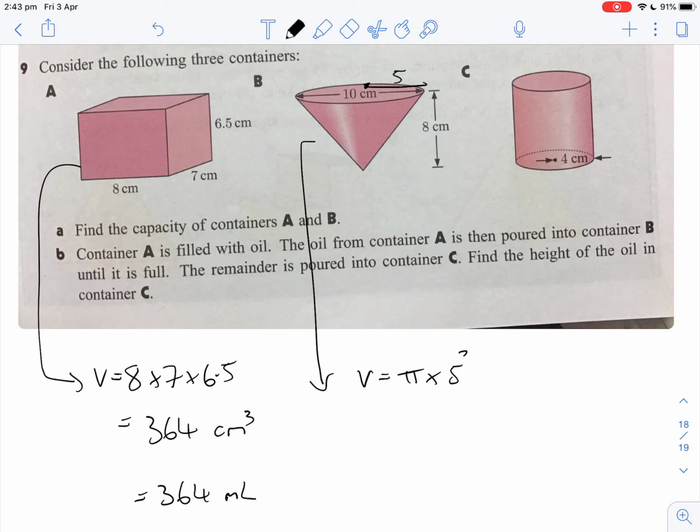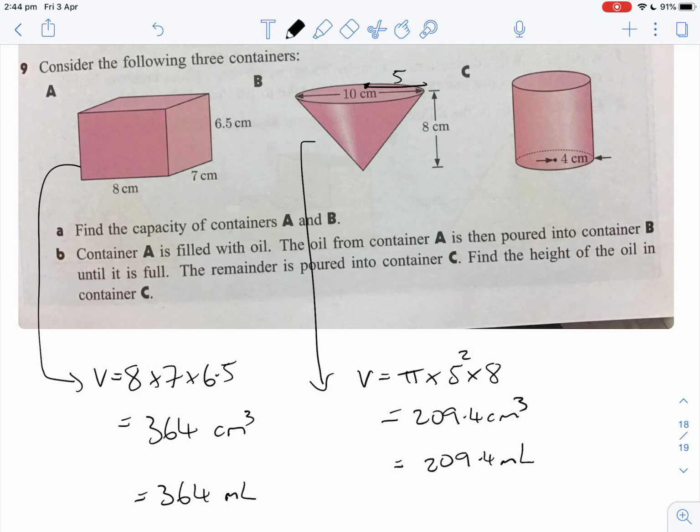So pi times 5 squared, that's the circle on the top, timesing it by the depth, which is 8, would give me the volume. That's going to give me a volume of 209.4 centimetres to the power of 3. So again, each centimetre cubed is also millilitres, so that's 209.4 millilitres. It would probably make sense to round that to just 209 millilitres.